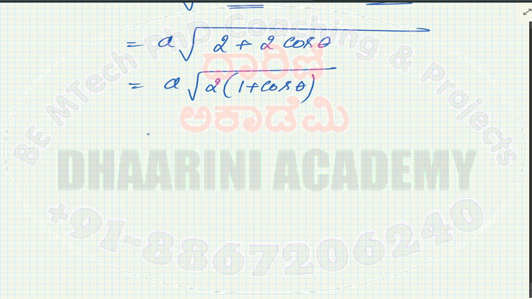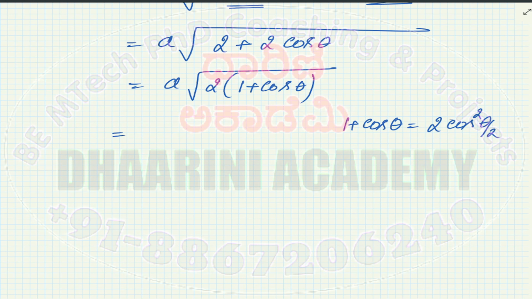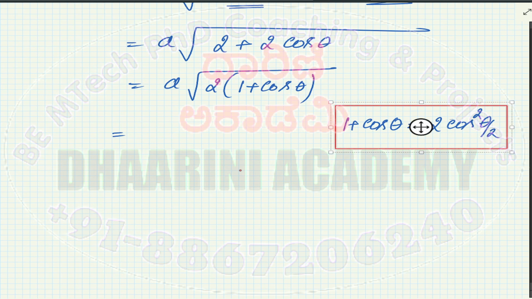Okay, so now we use a trigonometric identity, that is, 1 plus cos theta is equal to 2 cos square theta by 2. This is the standard trigonometric identity that I'm going to use now.